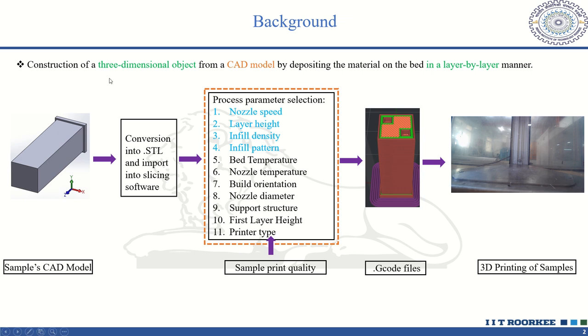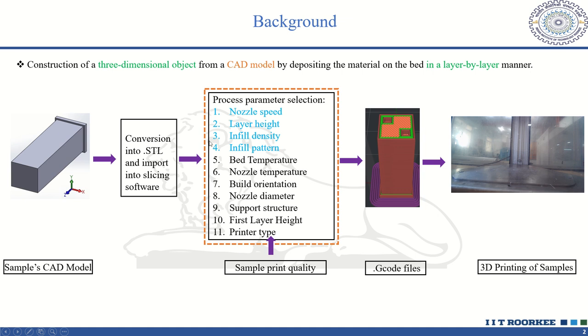It is a process of creating a three-dimensional object from a CAD model by depositing the material on the bed in a layer by layer manner. So what happens is that firstly we CAD design the sample which we want to 3D print, and then we convert it into an STL file and import it into the slicing software.